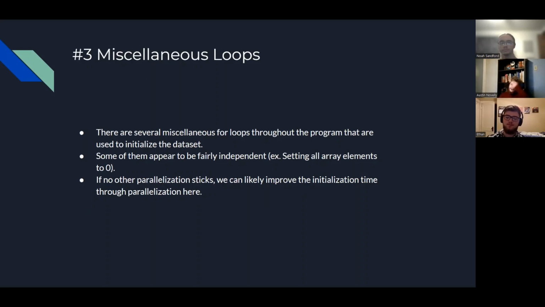And then, if the previous two options don't do anything, or if we end up at a lower level of parallelization, what we can do is also look at miscellaneous for loops.